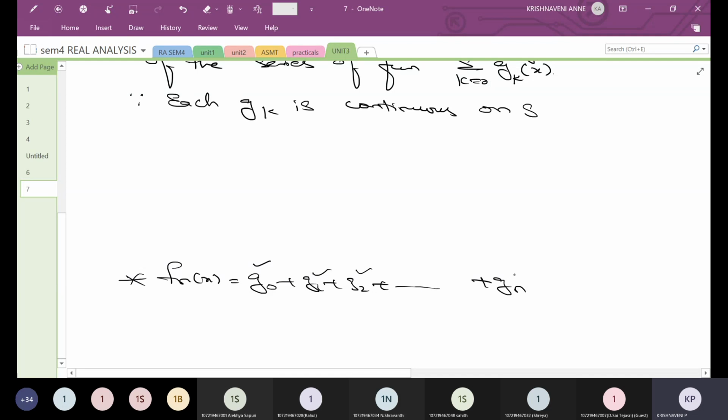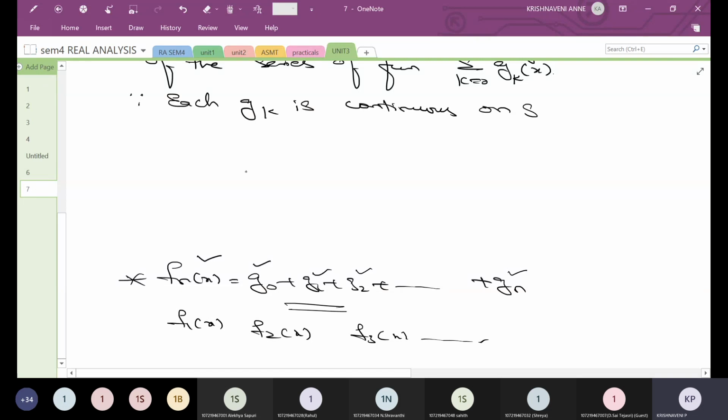gn is also continuous. That means when each and every function is continuous, the sum of all the functions is also continuous. That means fn of x is continuous: f1 of x is continuous, f2 of x is continuous, f3 of x is continuous, and so on.